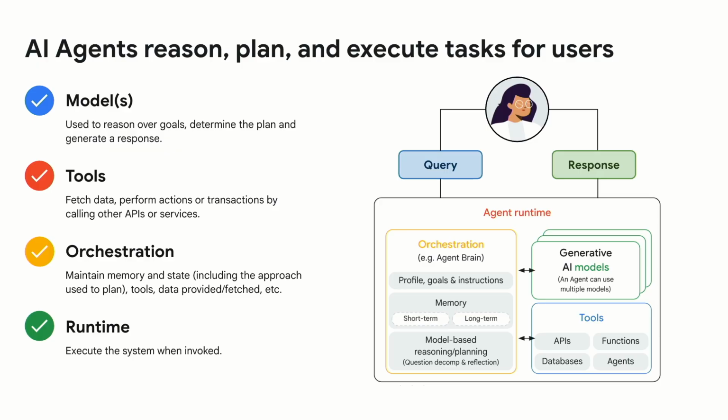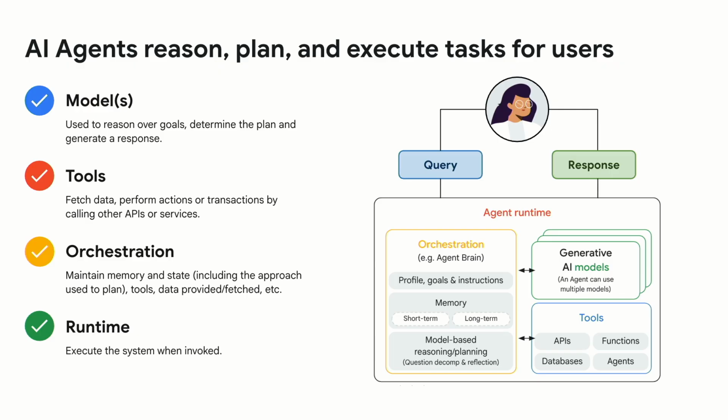Before we talk about Agent Engine, let's first revisit the AI agent. The definition or shape of AI agents is still evolving. At this time, the definition of an AI agent is a system that can reason, plan, and execute for the user.